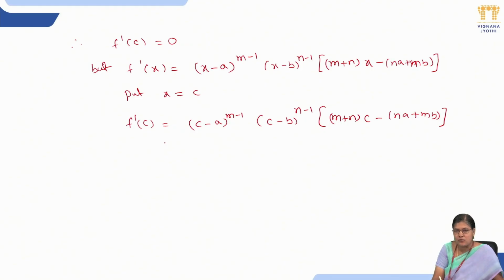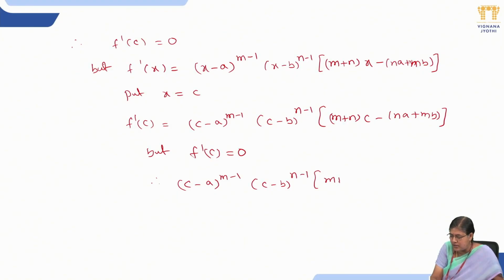According to the statement of Rolle's theorem, f dash c is equal to 0. Therefore, (c minus a) whole power m minus 1 into (c minus b) whole power n minus 1 into (m plus n) c minus (na plus mb) is equal to 0.